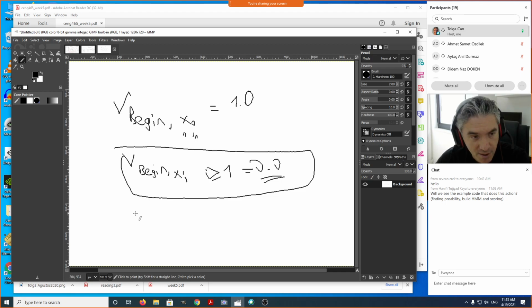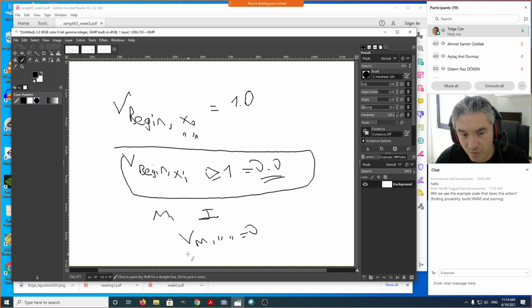Another thing is, for match and insertion states, some trivial probabilities: the probability to be at a match state or an insert state and having observed the empty string, x0, to indicate we haven't started the sequence yet, is also 0.